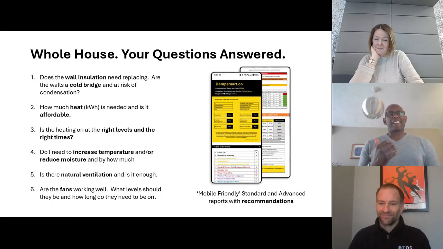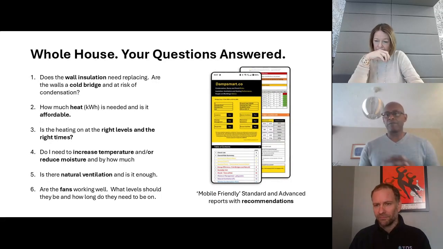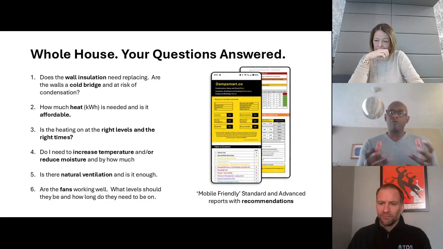But there are some algorithms that we're starting to build where we can look at the risk if you have furniture in certain positions, so you could move it away a bit. Right now we're not quite there yet.